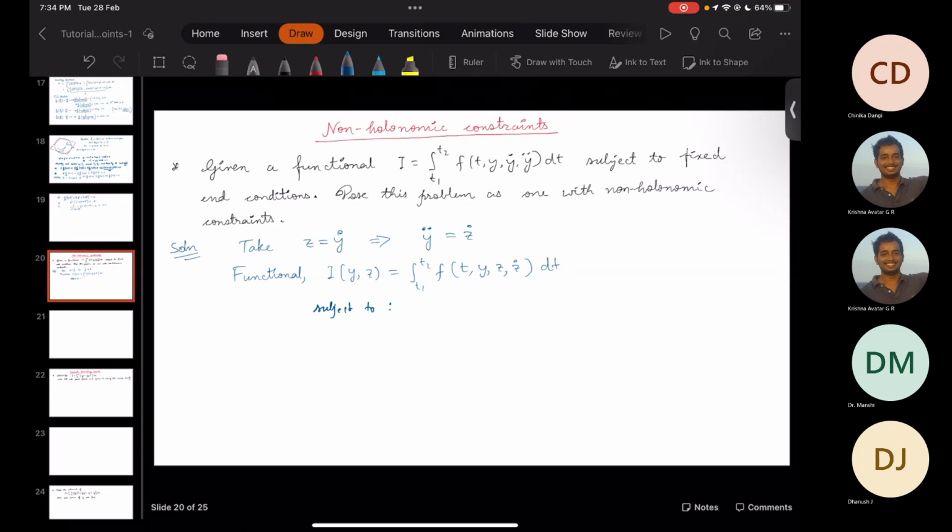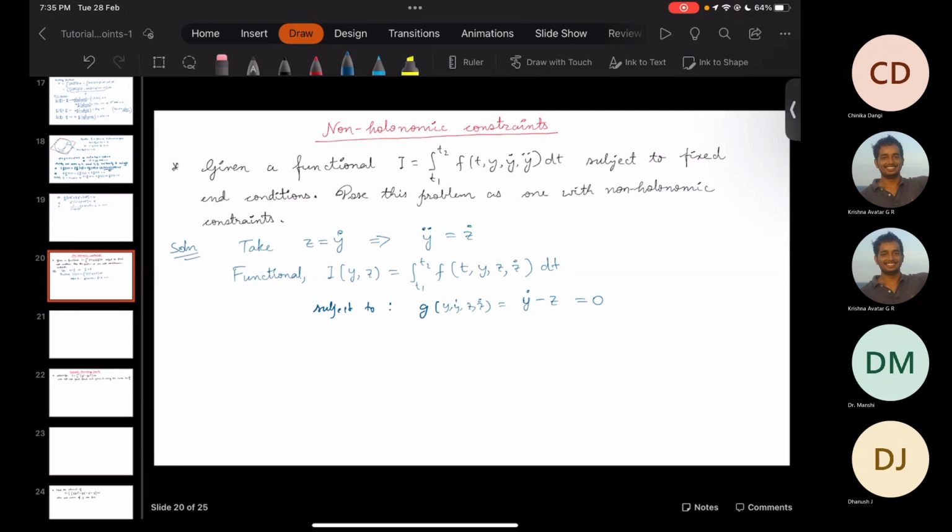Let's just talk about the non-holonomic constraint, which is g of y, z, y dot, z dot, just for the sake of it, and this is nothing but y dot minus z is equal to 0, isn't it?